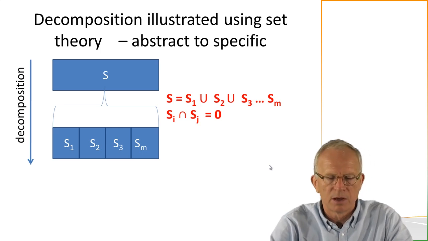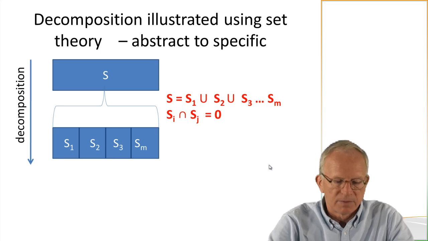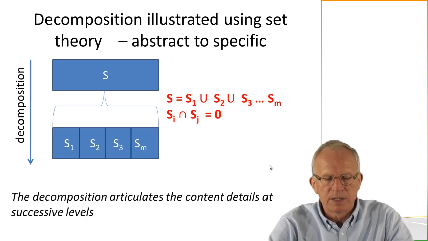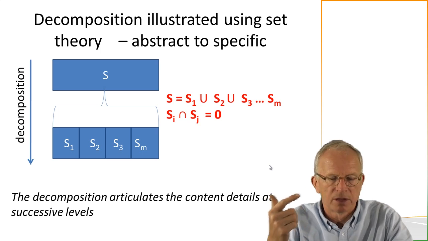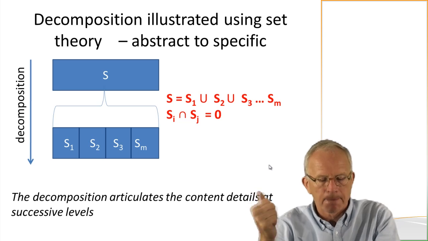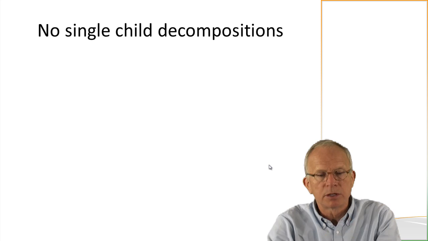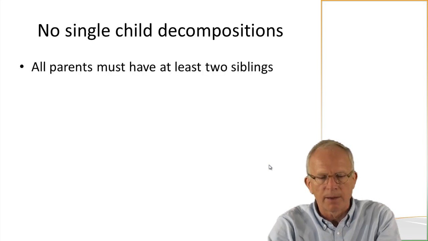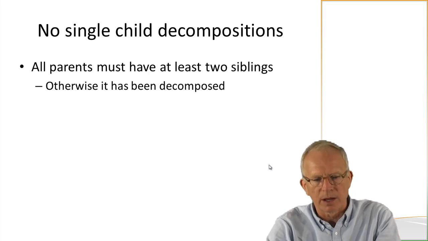So there is no intersection. That means, if that's true, the decomposition is collectively exhaustive and mutually exclusive, and also the minimum number, or could be construed that way. All right, there should be no single child decompositions. Why? All parents must have at least 2 siblings. Otherwise, it has not been decomposed.